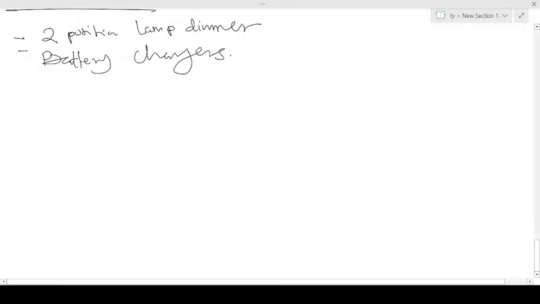Now, half-wave rectification has its advantages. It has very few advantages, but it has its advantages. And the advantage is that it's a simple way to reduce power to a resistive load.